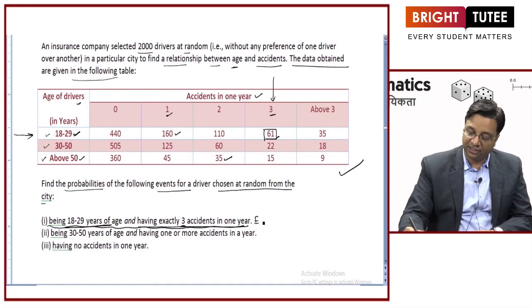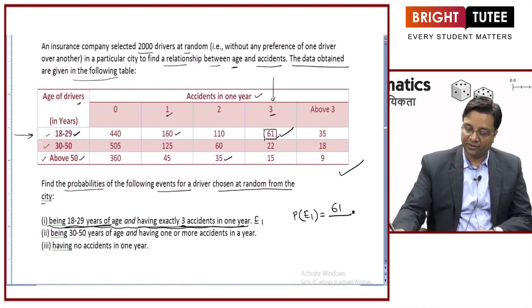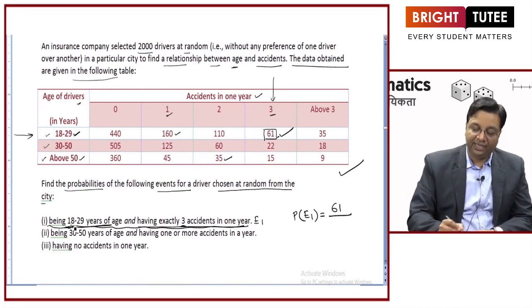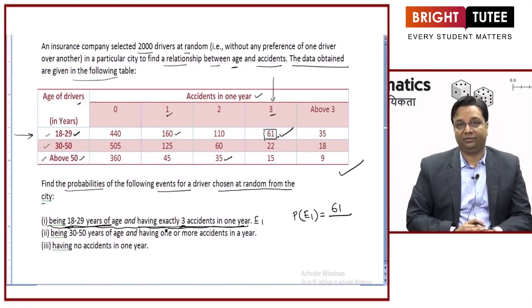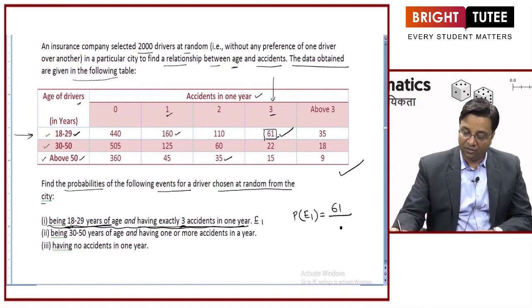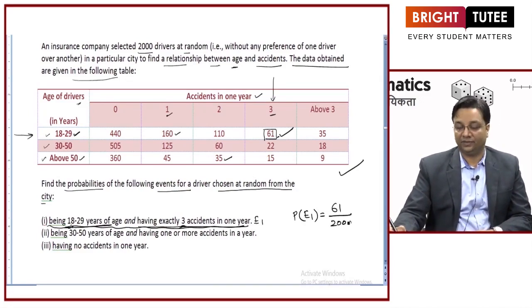Let us say this event is E1. So, probability of E1 is equal to, there are 61 drivers aged between 18 to 29 years having exactly 3 accidents in 1 year out of total 2000 drivers. Right.